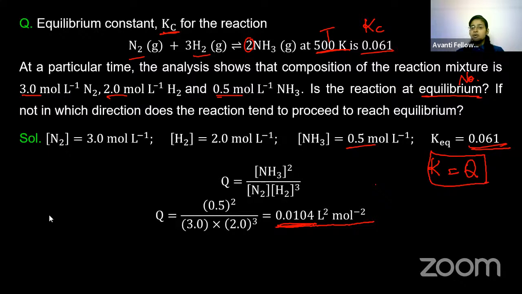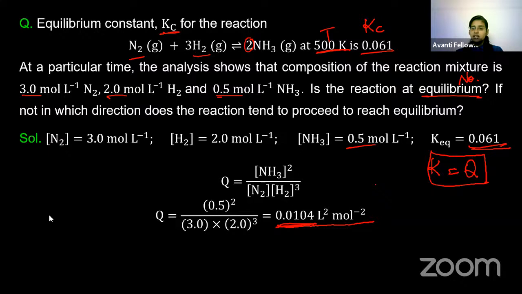If not, in which direction it will go? Will it proceed towards the forward direction or backward direction? What is your answer? How will you find out whether it is moving towards forward or backward? Again, by comparing the values only, no? Just compare and tell me.